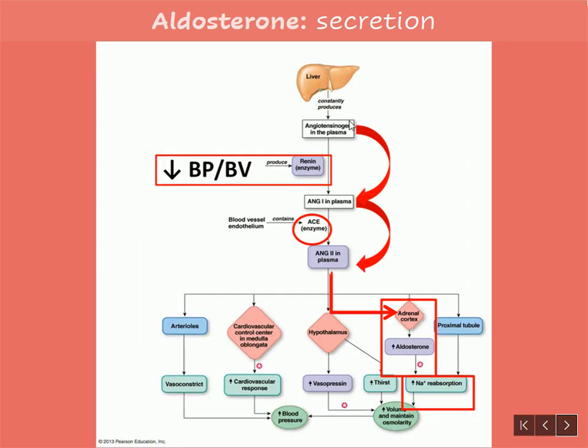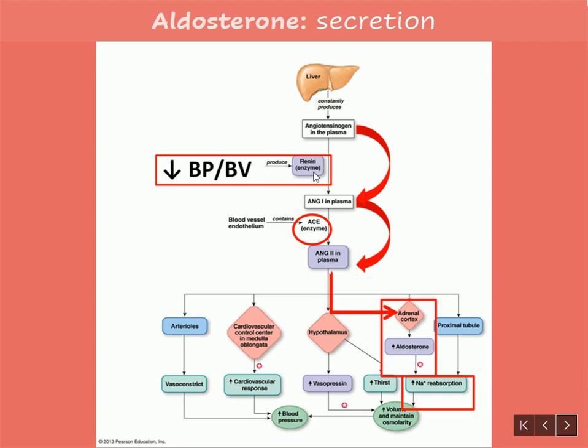This is just a recap of how decreased blood pressure and blood volume cause the release of aldosterone. I'm not going to go through this in too much detail, because I presume that you've covered this in your renal lectures. Decreased blood volume or blood pressure is a stimulus which causes the kidneys to produce the enzyme renin.